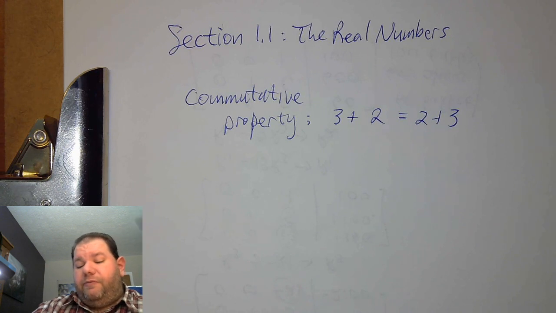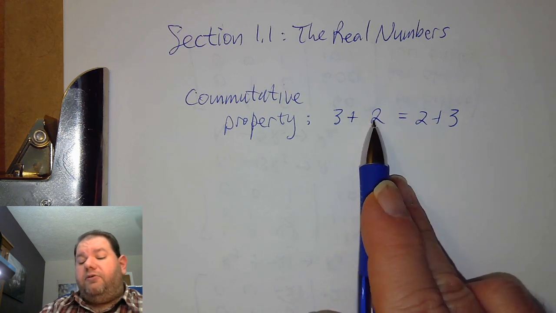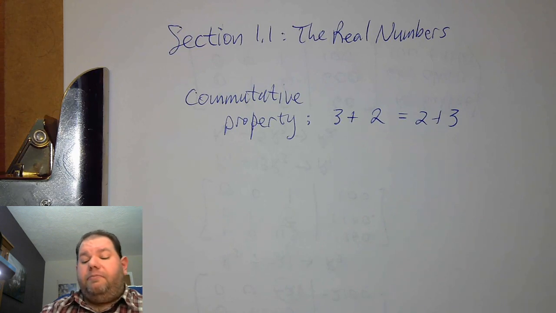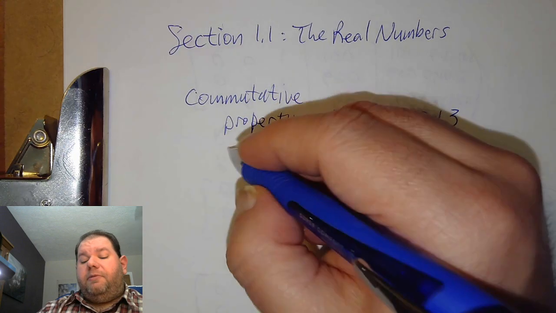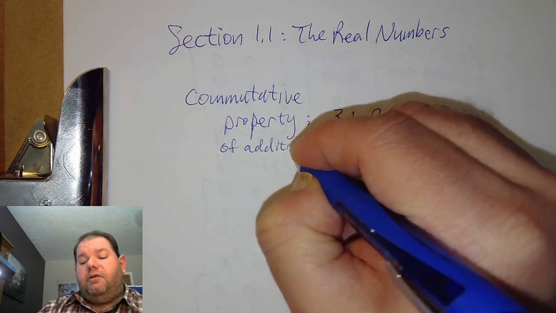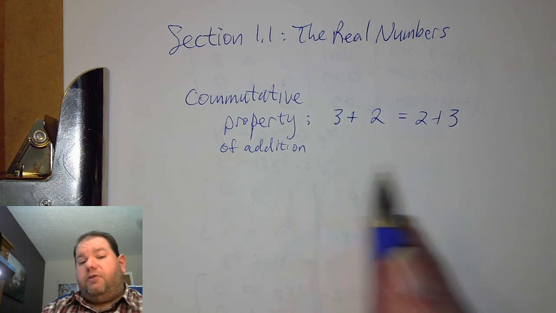So the idea with the commutative property is that the order can be reversed. So we can just easily add 3 and 2 as we could add 2 and 3, and the order does not affect the outcome. Now, this is not true of subtraction, so it's the commutative property of addition, specifically. Because if we did 3 minus 2 and then 2 minus 3, those would not be the same thing.